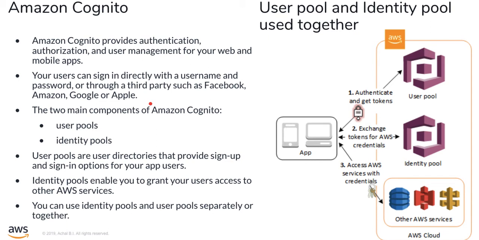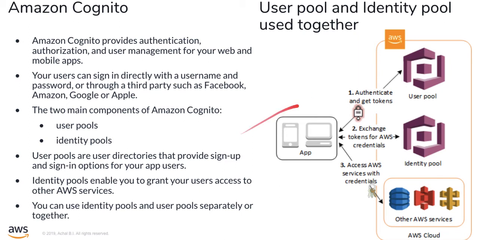Amazon Cognito has two main components: user pools and identity pools. User pools are basically a user directory. Whenever a user signs up or signs in, this information is captured in the user pool.